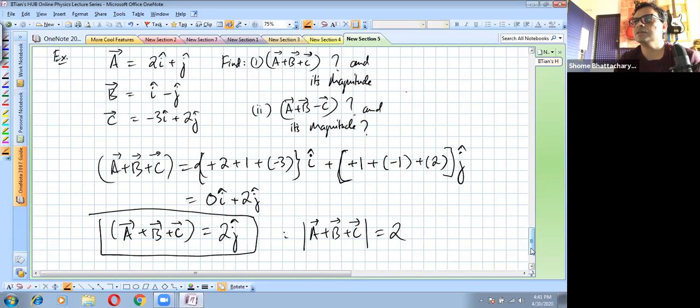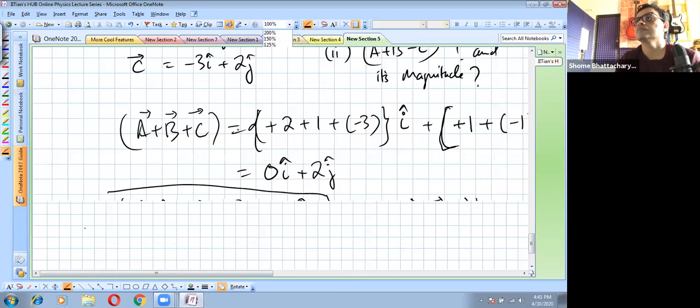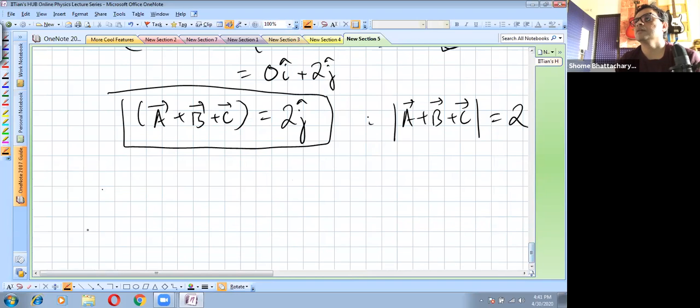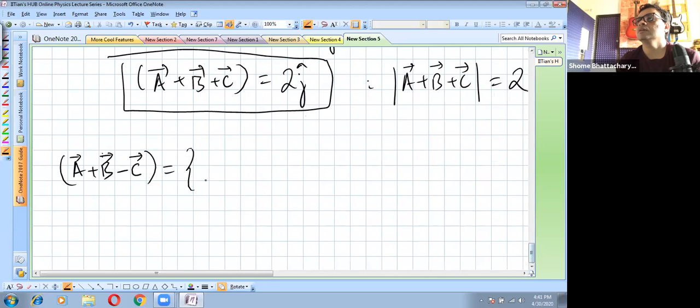Now similarly, let's work out the second part. So A plus B minus C. This is what I want to calculate now. So I have to do A's x component. So go back here. So 2, 1 and minus 3 are the x components. So 2 plus 1, minus of minus 3.